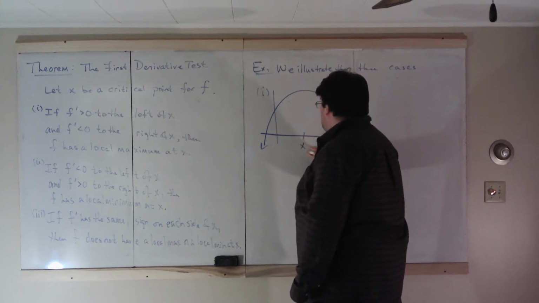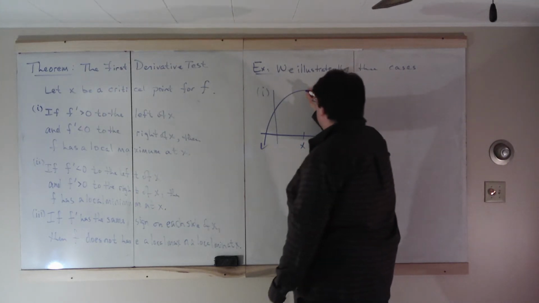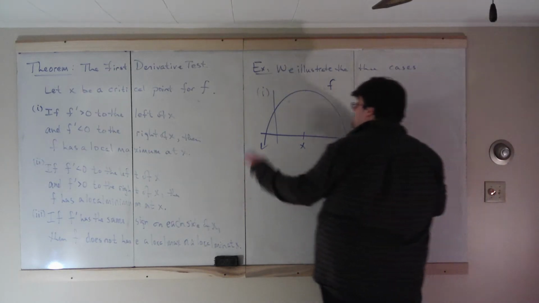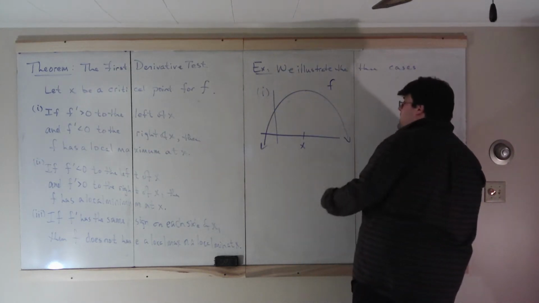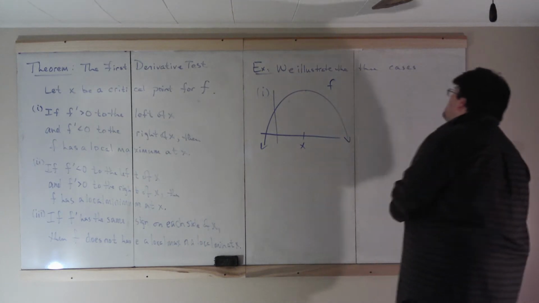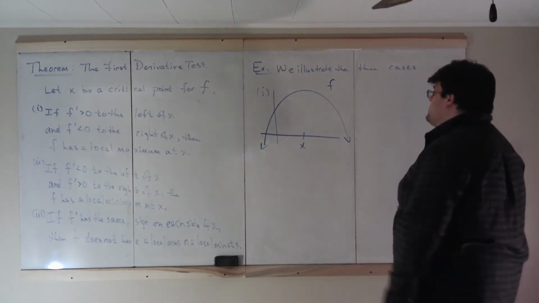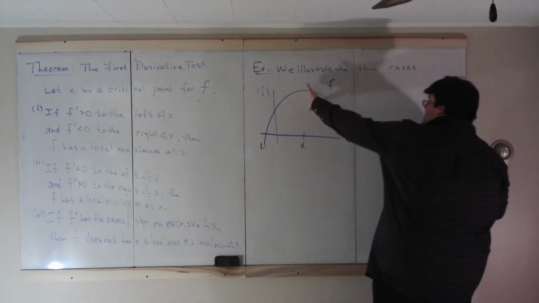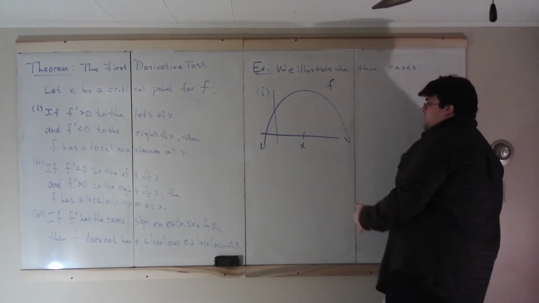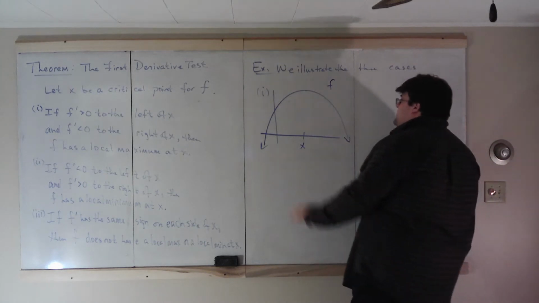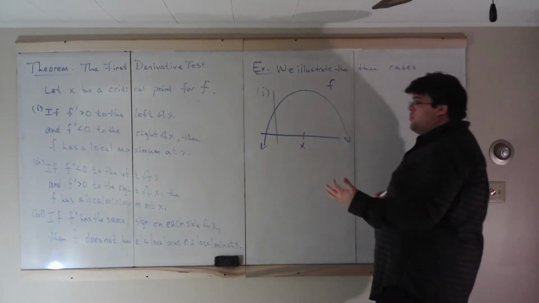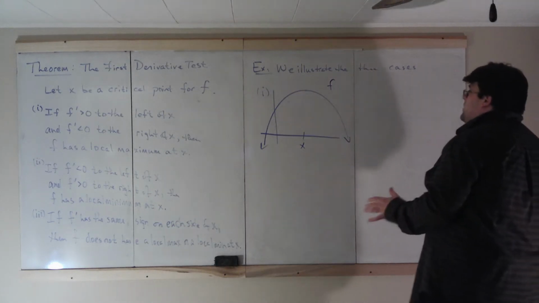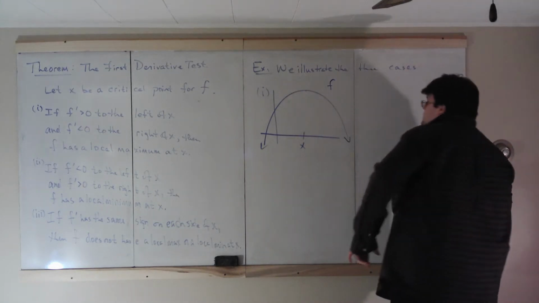X is right there. X would correspond to that peak. F prime is positive to the left, f prime is negative to the right. Why is f prime positive to the left? Well, the function is increasing. Over here, to the right, the function is decreasing. And the function does have a local maximum at x. In this case, an absolute, but in particular, a local.